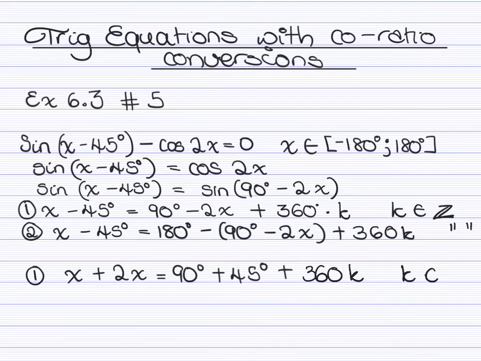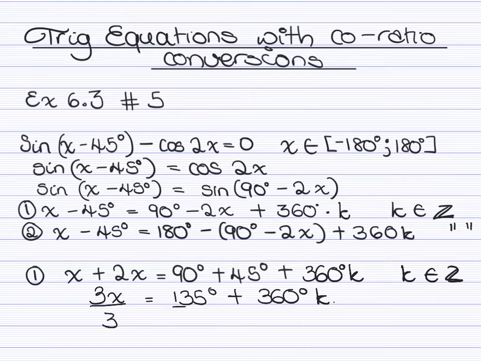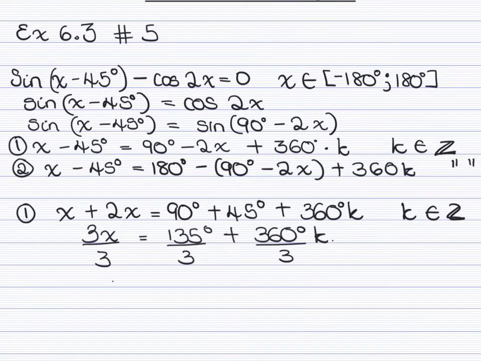As usual, your k is an integer. Group your like terms: 3x is equal to 135° + 360k. I want to isolate x, so I have to divide each one of my terms in this equation by 3, so that I am left with x equals 45° + 120°k.